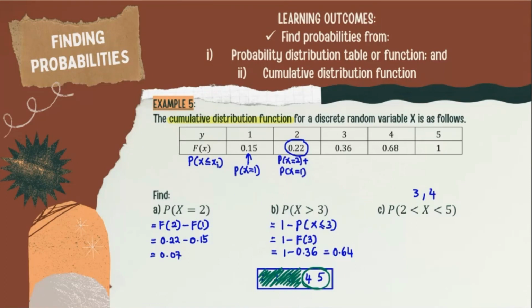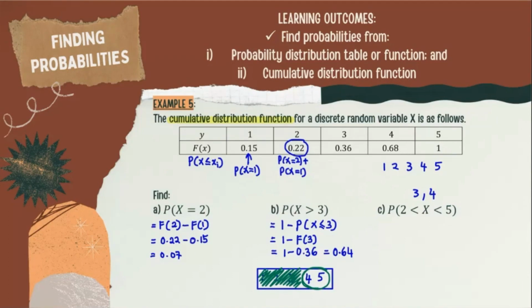Okay, so what can I do? Let me try here first: 1, 2, 3, 4, 5. The cumulative can be read from 1 up to this point. So it will read from the bottom up to that point.